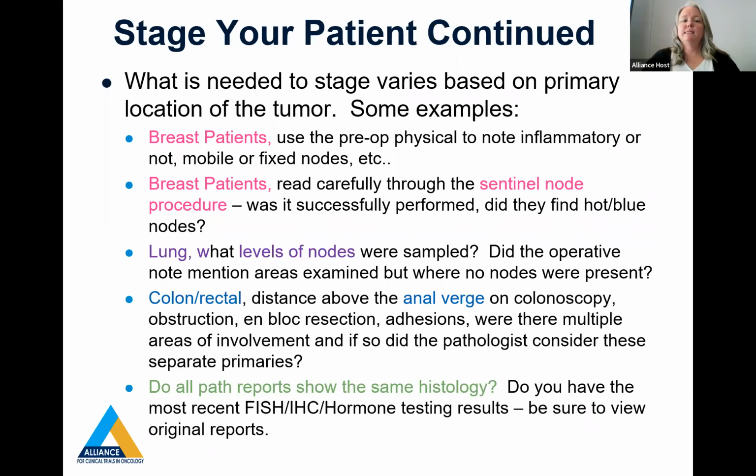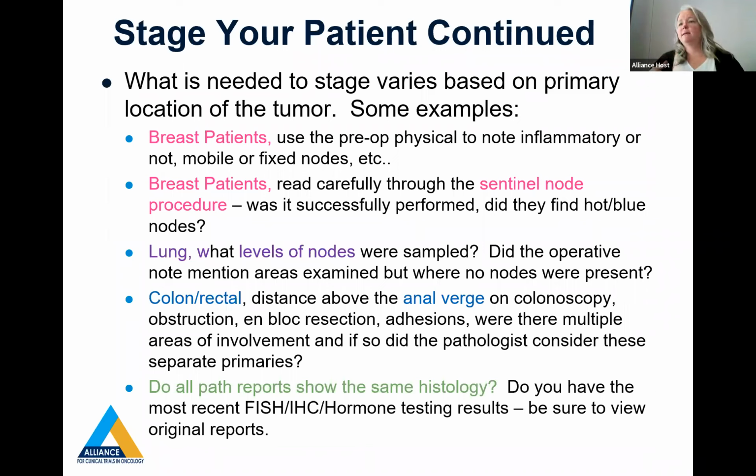We put this in here, just talking about some different examples about where you're going to find some things. So for breast patients, you want to make note of your pre-op physical. Is it inflammatory? Do they have nodes or palpable nodes? You want to make sure you're reading through the sentinel lymph node biopsy procedure really well.